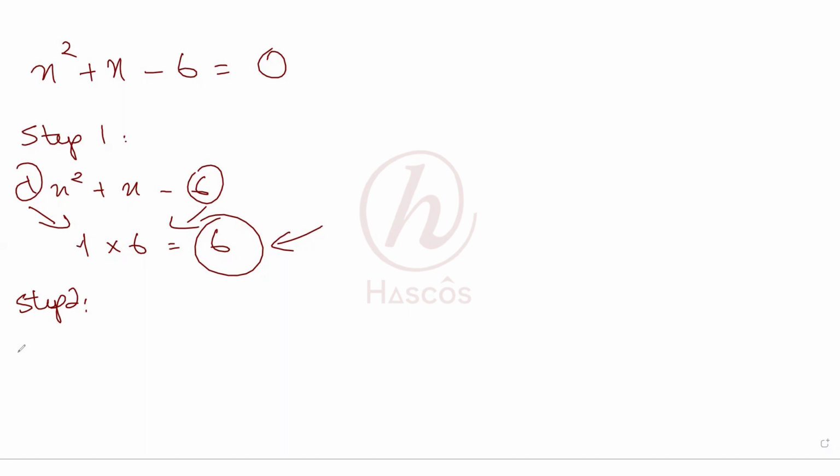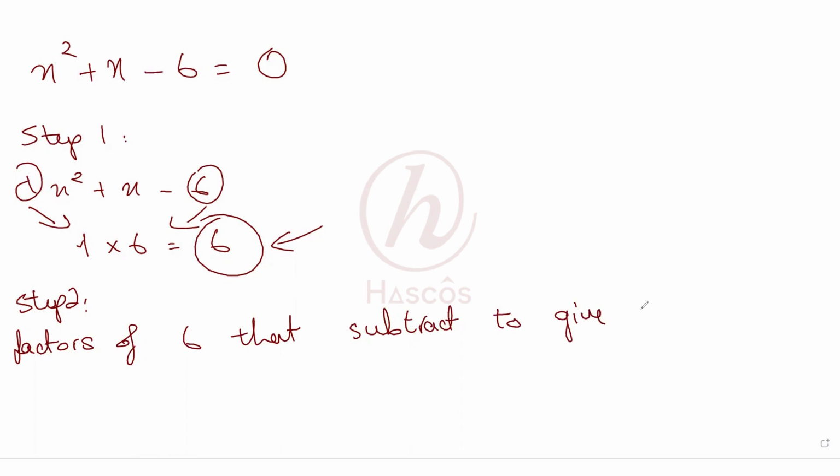This time, the factors of the number in step 1, which is 6, that subtract to give us the middle term, which is 1 in this case, need to be found out by us.